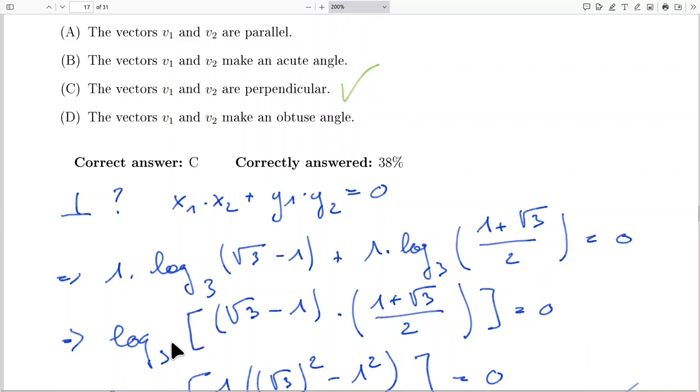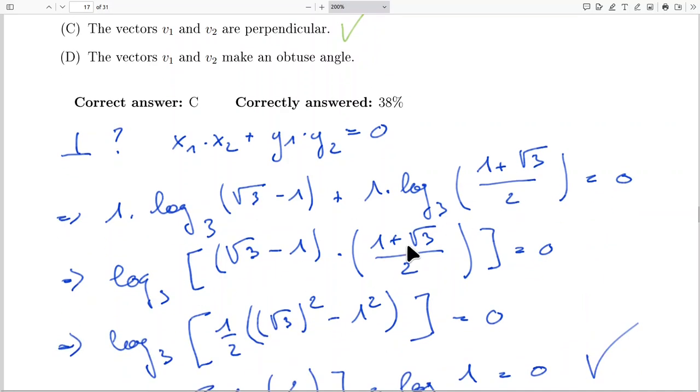Okay, so we have a log plus a log. We can rewrite that as the log of the multiplication of those two, so square root 3 minus 1 times 1 plus square root of 3 over 2.